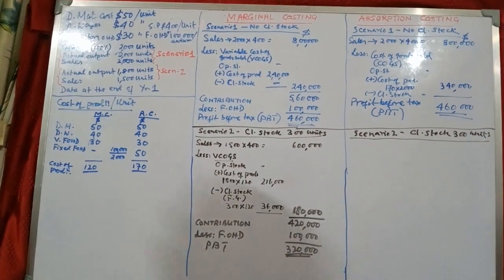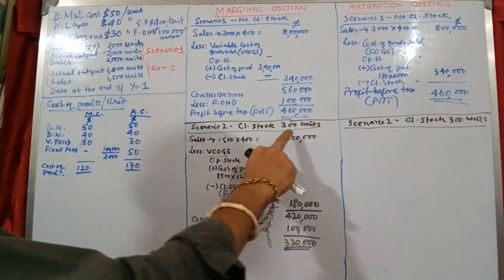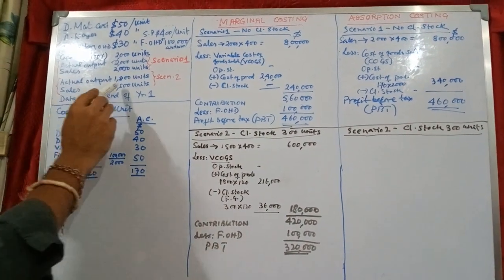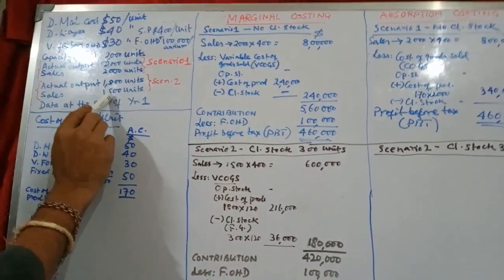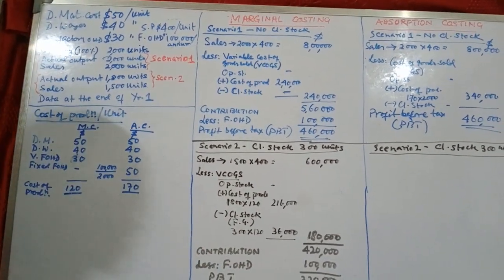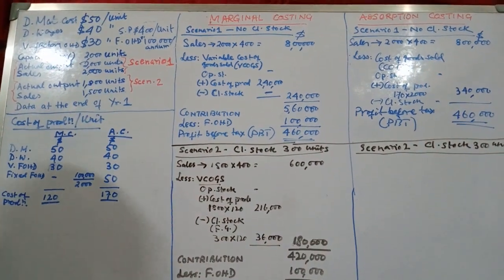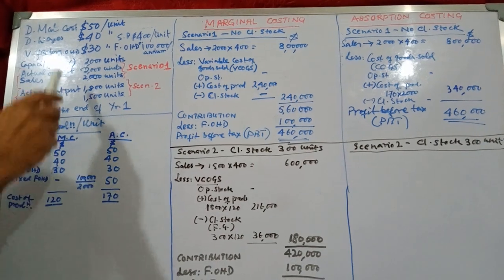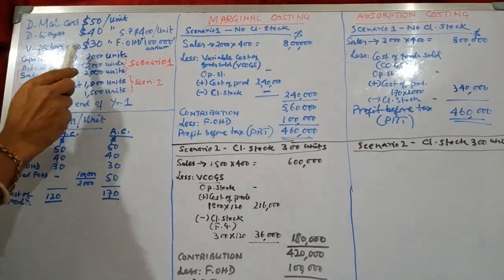So scenario 2 under marginal costing, where we have 300 units of closing stock, actual output is 1,800 units and sales 1,500 units. So we have 300 units of closing stock, and also here the actual output has differed from the installed capacity, because installed capacity is 2,000 units.